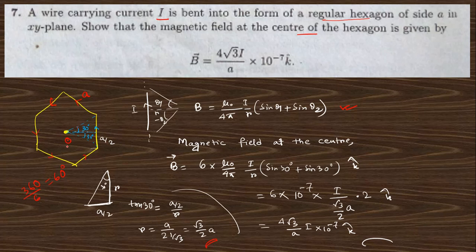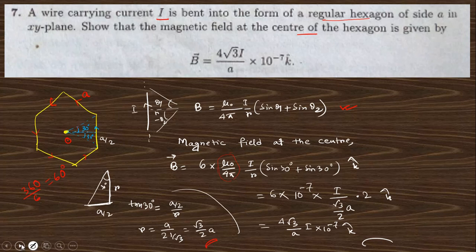So you can see out of the page, out of the page, out of the page. So this will be 6 into this value, and taking theta 1 and theta 2 both 30 degrees, sin 30 is half and half, that is 2, and r equals this. Putting this value you will get this answer, and this value is 10 to the power minus 7. I think that is clear.